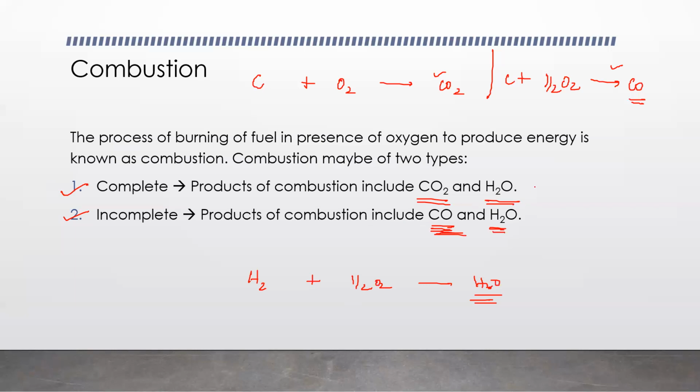You may get a combination of the two, some percentage of carbon dioxide and some percentage of carbon monoxide. Whichever is in majority, that particular combustion would have taken place maximum. For example, if carbon dioxide is more, then most of it would have gone through complete combustion. And if carbon monoxide is more, then most of it would have had less combustion.